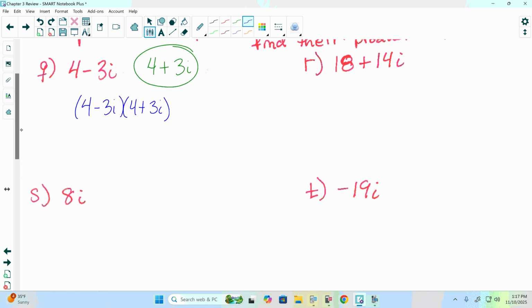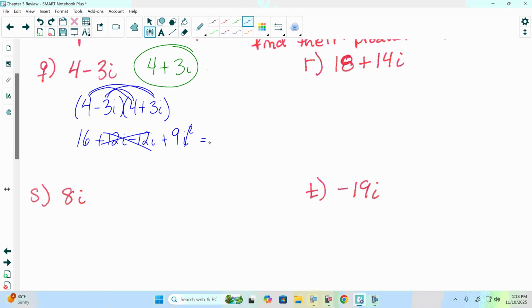Now again, it's multiplication. We can throw it straight into the calculator and it'll tell us that it is 25. If we do it by hand, 4 times 4 is 16. 4 times 3i is plus 12i. Negative 3i times 4 is negative 12i. And negative 3i times 3i is negative 9i squared. 12i and negative 12i cancel.